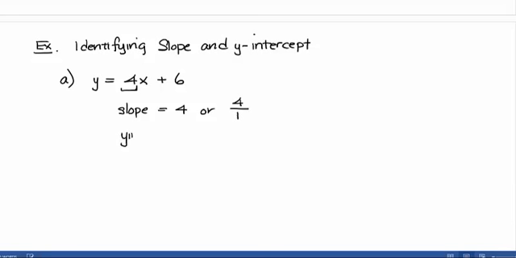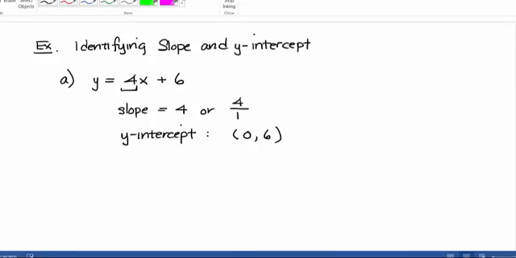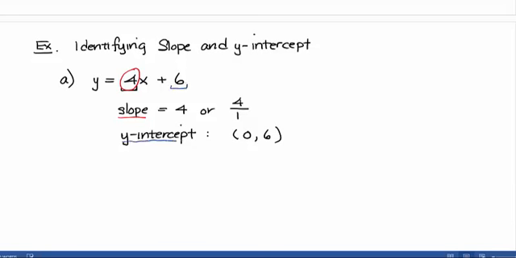And my y-intercept is simply 0, 6. So this is my slope, 4, and this is my y-intercept, the number that's by itself.